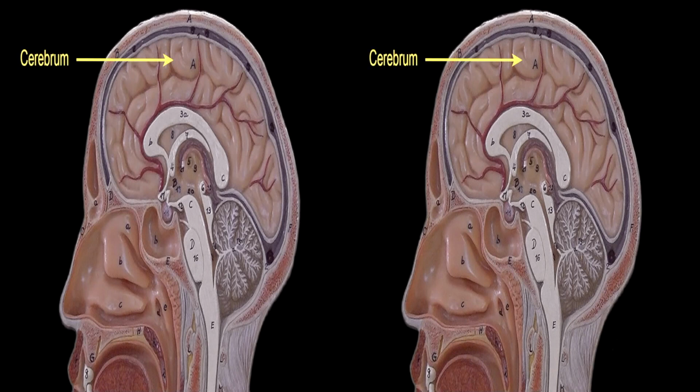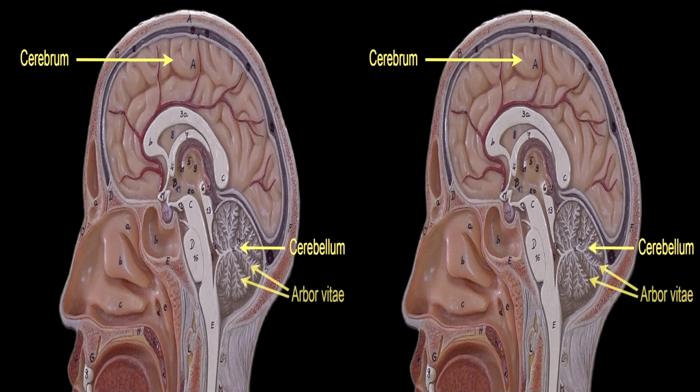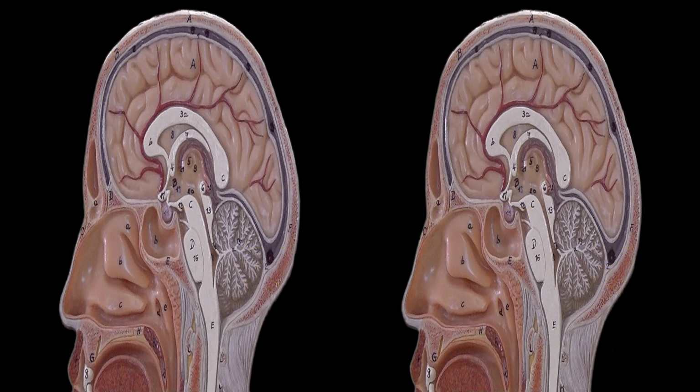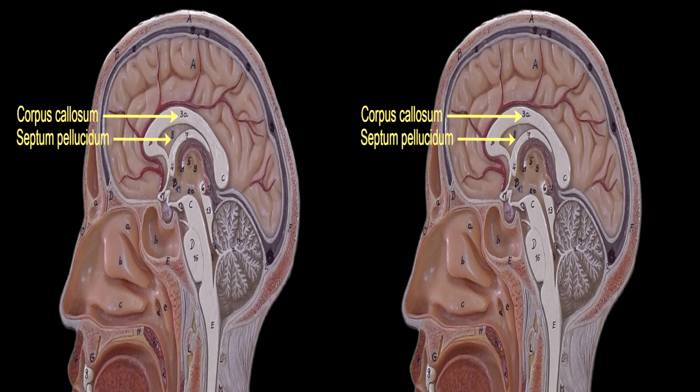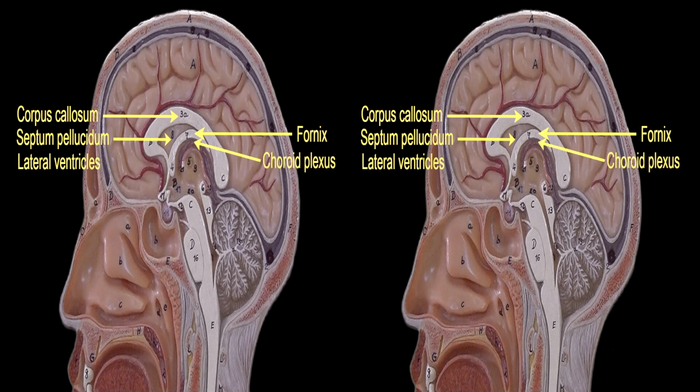Cerebrum. Cerebellum. Arbor vitae. Midbrain. Corpus callosum. Septum pellucidum. Lateral ventricles. Fornix. Choroid plexus.